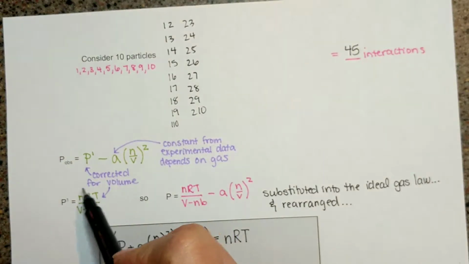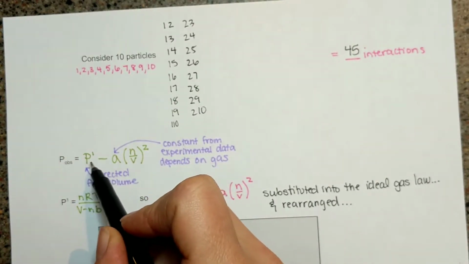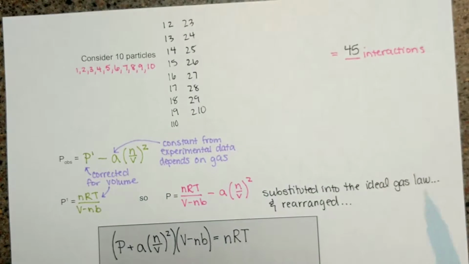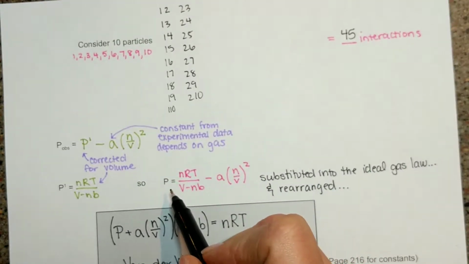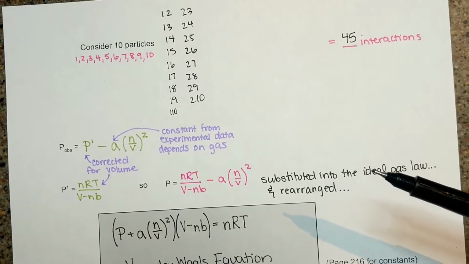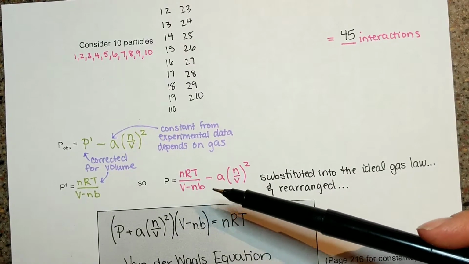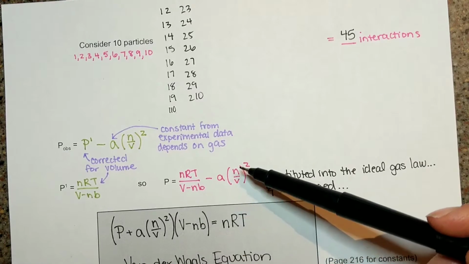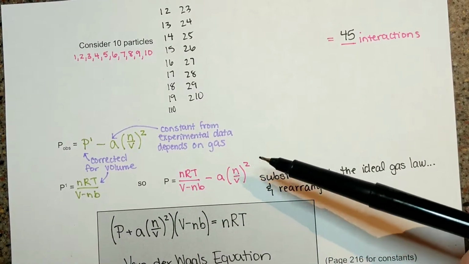So when we sub this in for our corrected pressure, looking at the pressure observed, that means that now my pressure is equal to nRT divided by V minus nb, minus a times n over V squared.